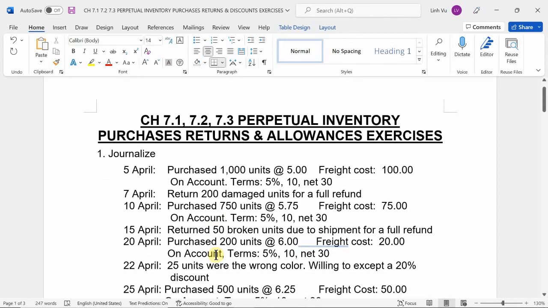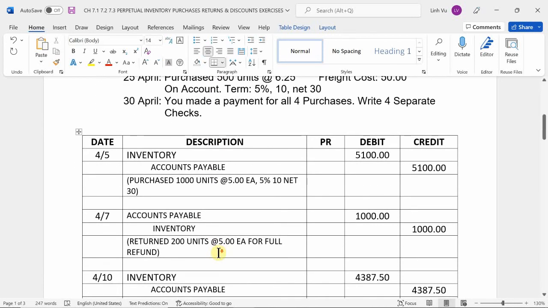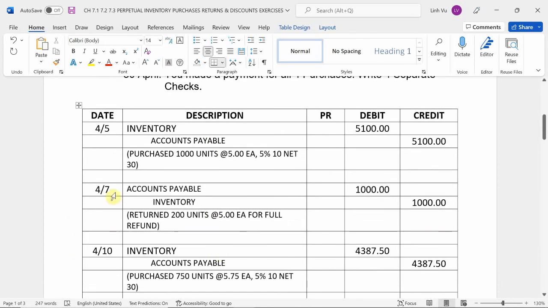So in this case, we purchased 1,000 units at $5 each. However, that very following couple days later, I end up refunding 200 of those units, which subtracted out $1,000. So in this case, how much is my first payment for my first purchase going to be? How much do I owe?